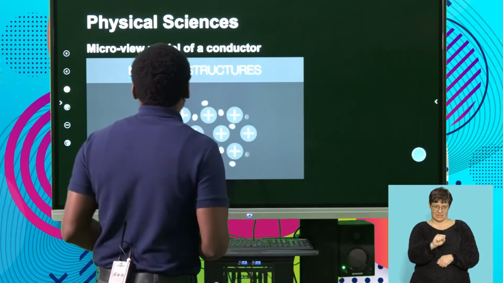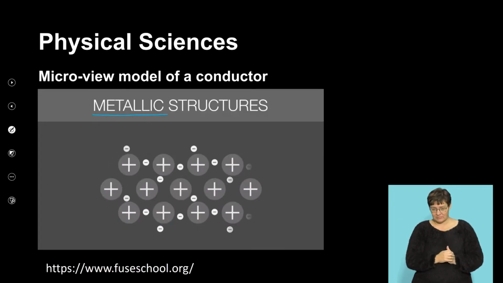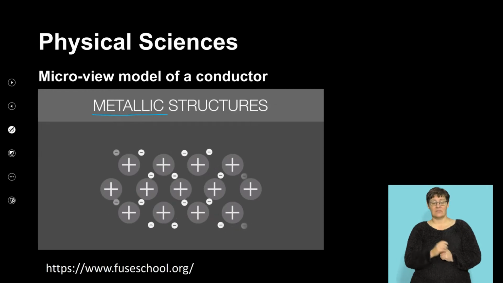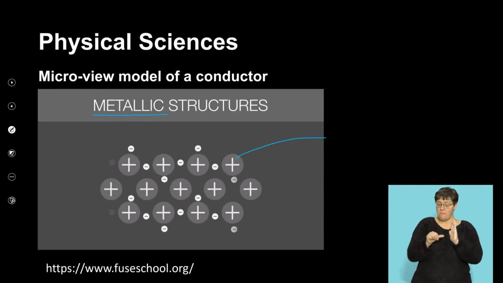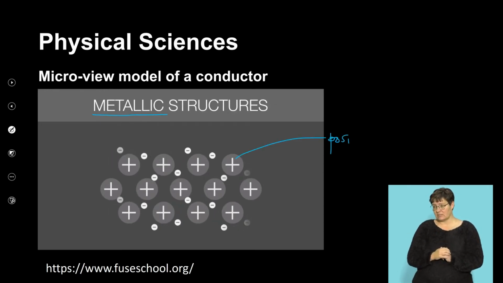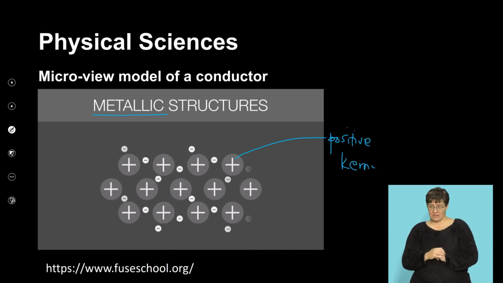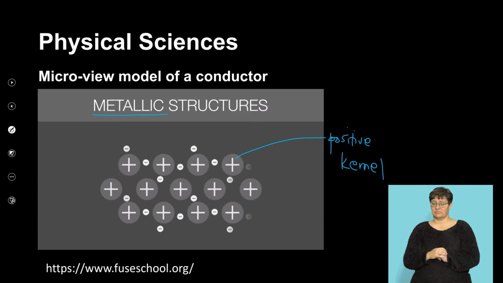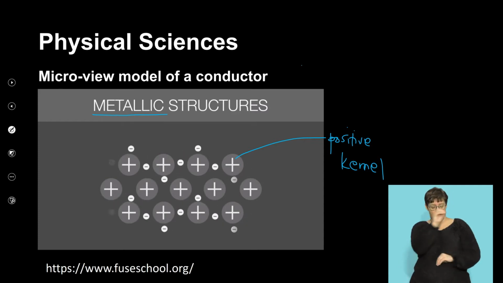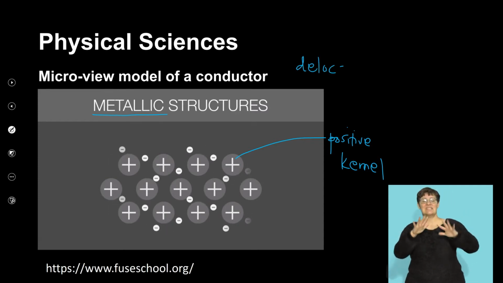So within a metallic structure, what is important, this is our positive kernel, okay? This is a positive kernel, right? And then what is moving is the sea of delocalized electrons.